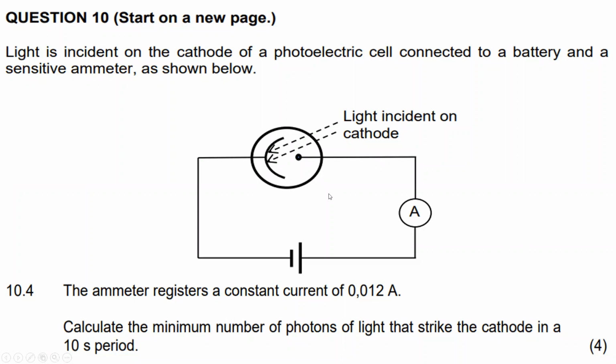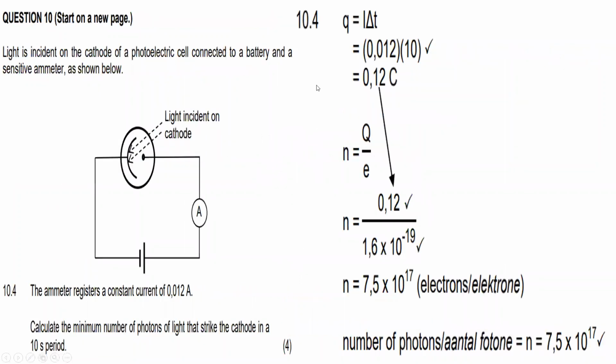Time is given also. So we are using the Q equals I delta t formula. You are getting the total charge, and the number of electrons equals total charge over charge of an electron. First of all, we get the total charge by using Q equals I delta t.